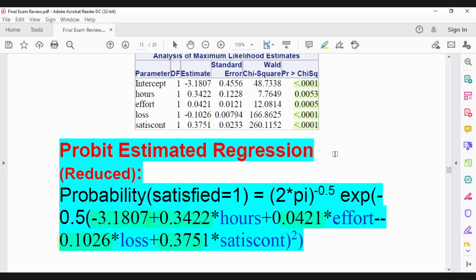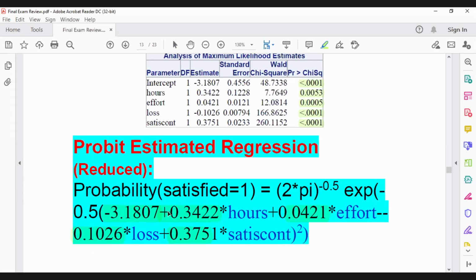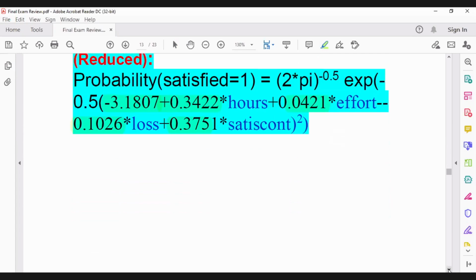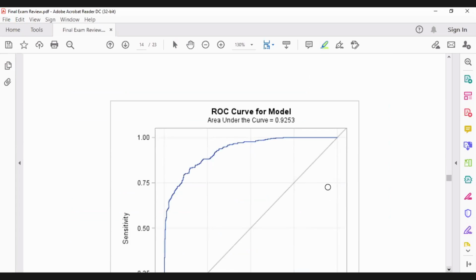So be sure in the final exam we will ask you to write down the probit estimated regression and also the linear form of the probit. To write down the linear form of the probit, you need to apply a log to both sides of the equation and you get the linear form. This is the ROC curve area and the ROC curve for the reduced model.